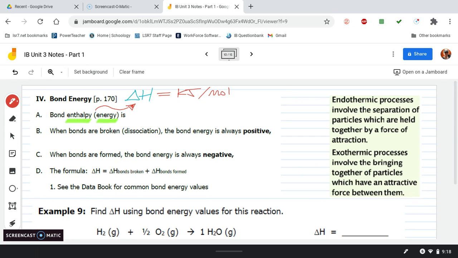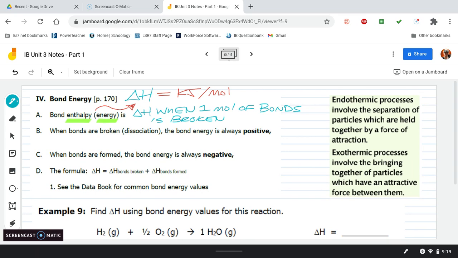So it says bond enthalpy is, and we need a definition. This is going to be delta H when one, and this is important, 1 mole of bonds is broken in the gas state.